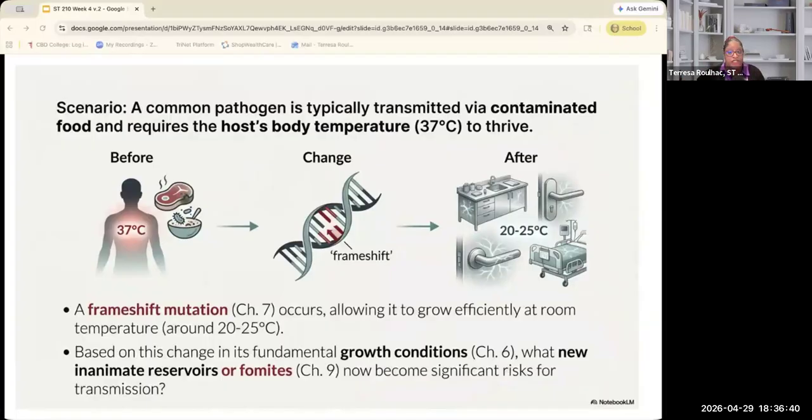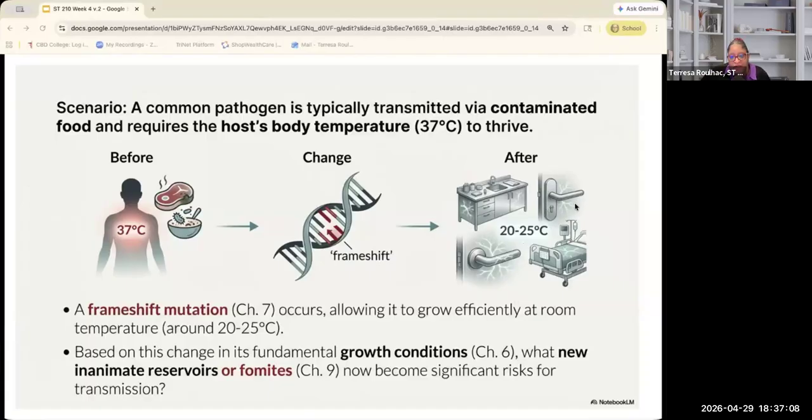So, before the mutation, we look at the main risk. Now comes this pivot. A frameshift mutation occurs, and suddenly the microbe can grow efficiently at room temperature, 20 to 25 degrees Celsius. That is not a small change.